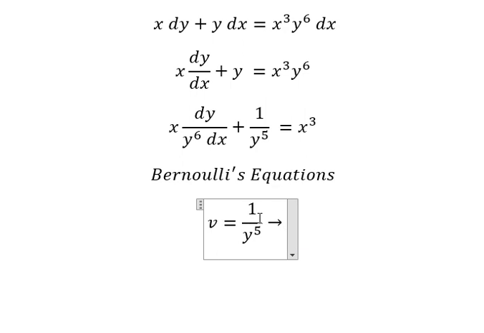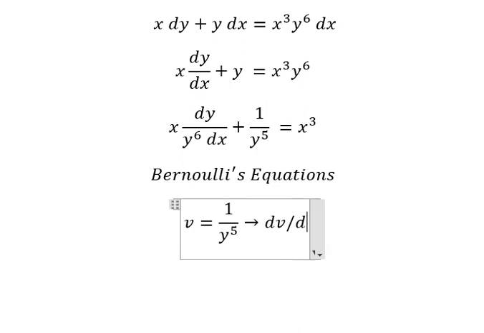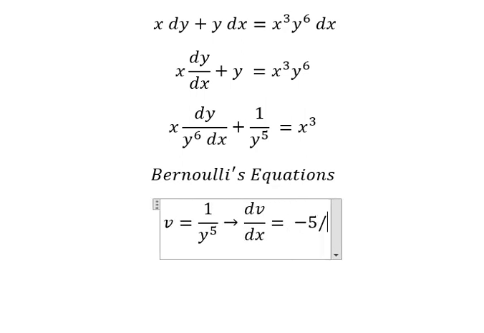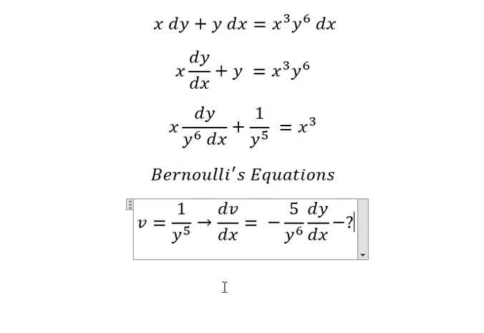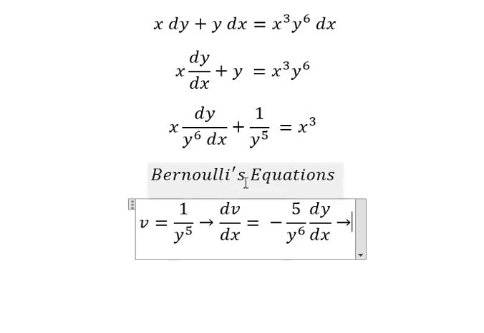Later we need to take the derivative of both sides, and we have this. Because we don't have negative 5, we divide both sides by negative 5.